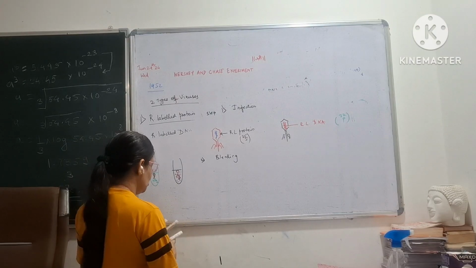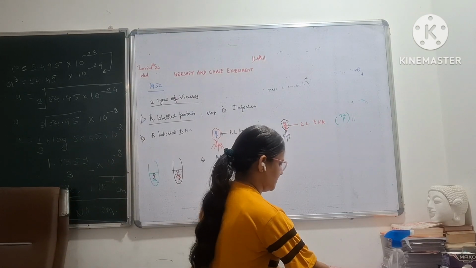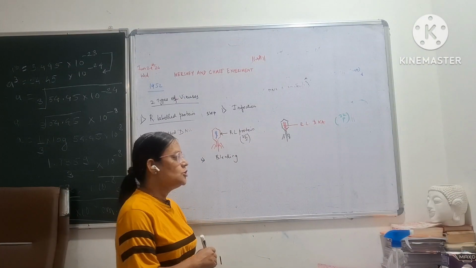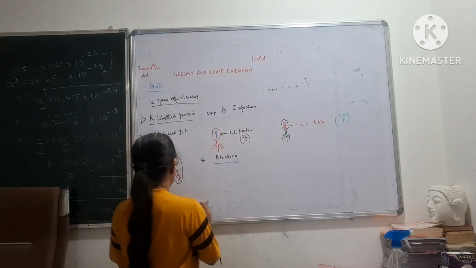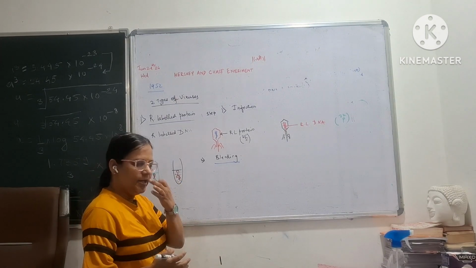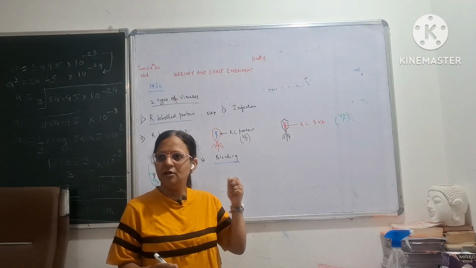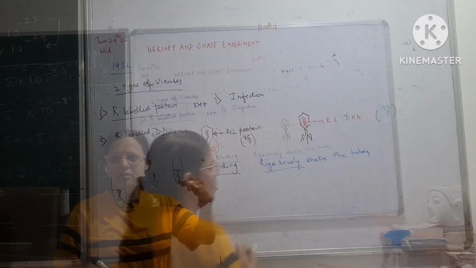Now both of these tubes I am going to allow to blend. Blend meaning what? Like how you blend in a mixer grinder, in the same way we are allowing these two test tubes to undergo blending. Blending meaning you rigorously shake the test tube, rigorously meaning with a little force.